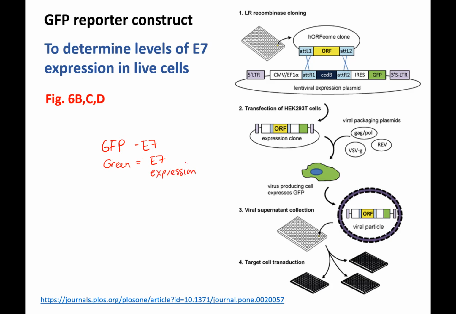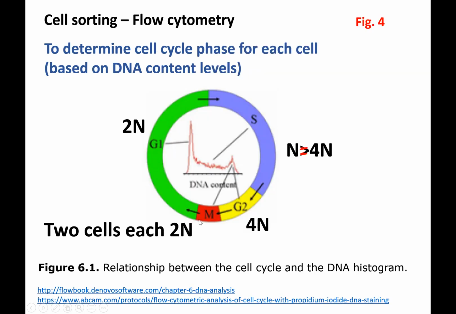This is a way to look at live cells and approximate E7 levels. Okay, so if we did a Western blot, we'd have to kill the cells, grind them up, run the SDS-PAGE, and blot them.